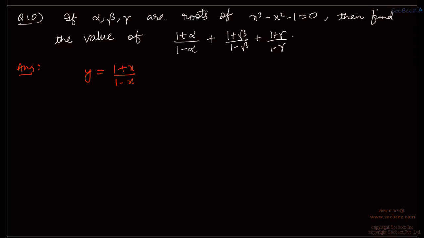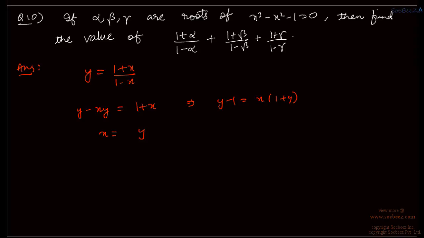Now, since I am supposed to find the sum of the roots, I'll find my new equation and find the sum of the roots from that. So this gives me y minus xy is equal to 1 plus x, or y minus 1 is equal to x times (1 plus y).